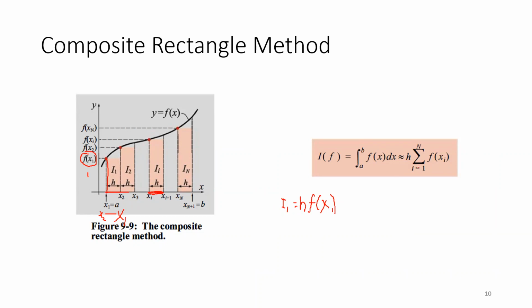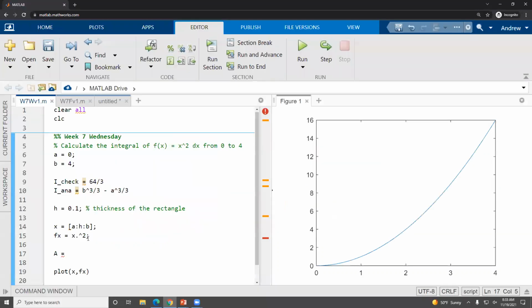Basically this equation, right? So my h is a constant. My h is a scalar value. So I'm just going to say my h times my f of x. Basically, that's it, right?